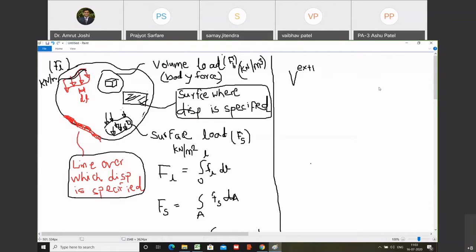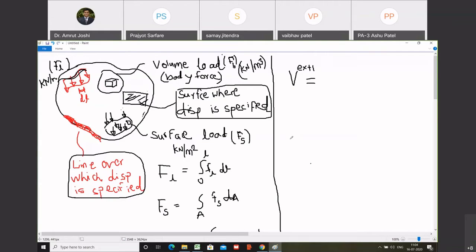Okay. Now let us write down potential energy associated with various external actions. What are the external actions? Loading, that means line load, surface load, and body load. These three are the external actions. And what about reactions?